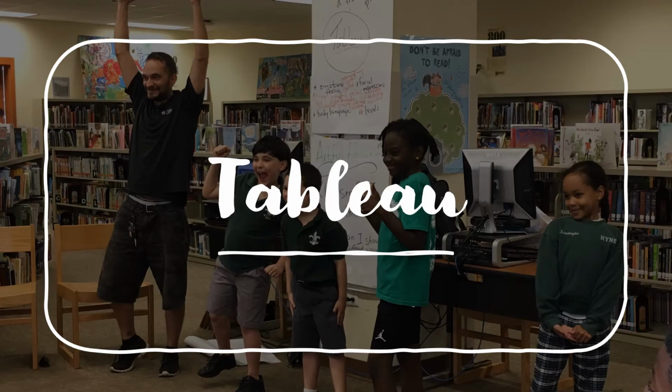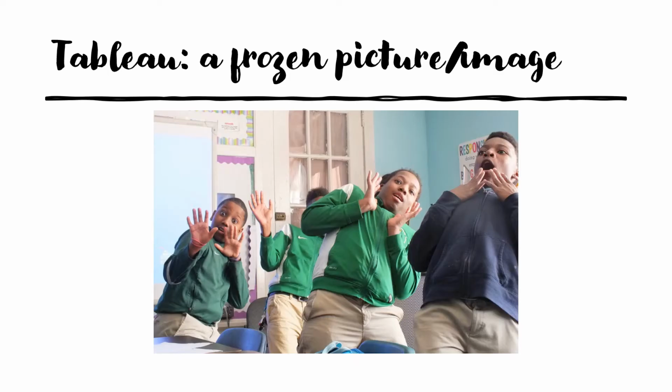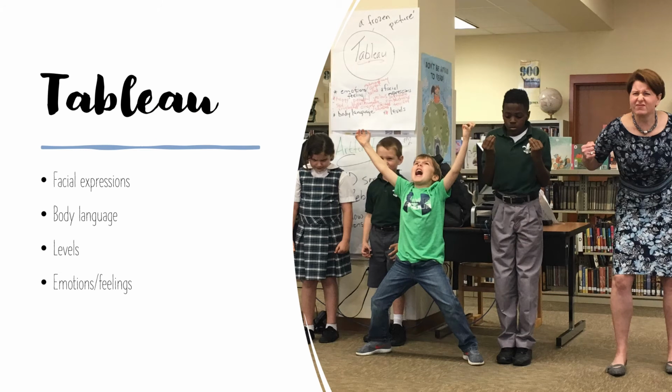Tableau. That's the drama strategy we will utilize in order to enact different parts of your plant's life cycle. What is Tableau? A frozen picture or image, quite simply. There are four major parts of a tableau.